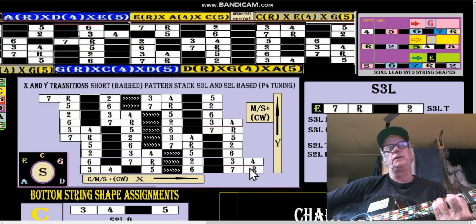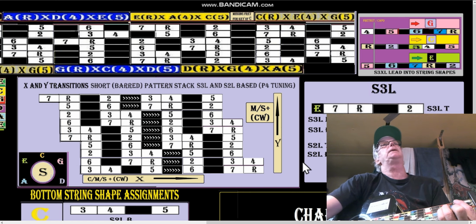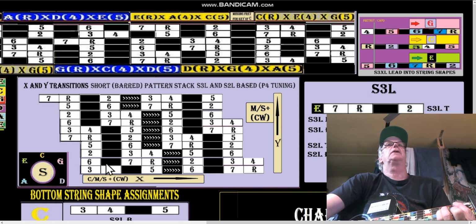E-shaped F. To play that E-shaped pentatonic, we're going to start on the root. The root would be right there.